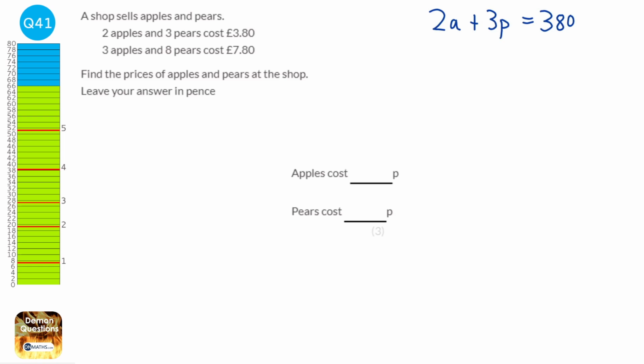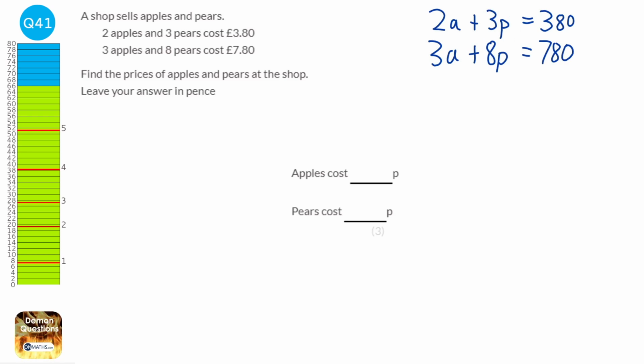And it says 3 apples, so 3a, plus 8 pears costs £7.80, or 780 pence. Okay, so the first thing I do is try and get these numbers the same. So 3 and 8, they both go into 24, so I need to make them both 24.